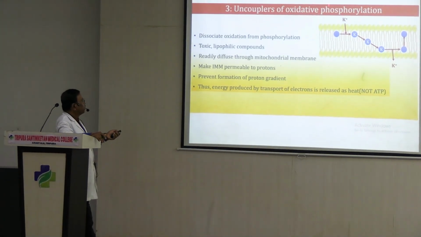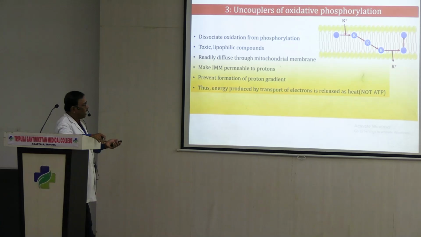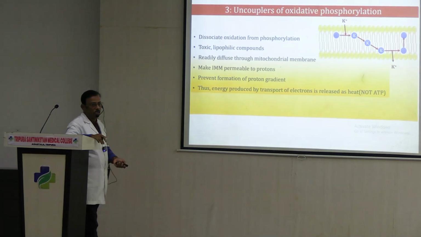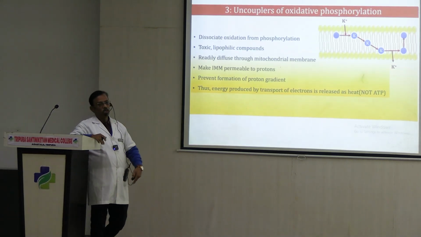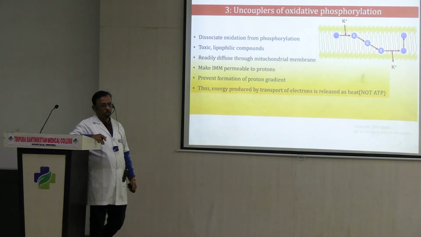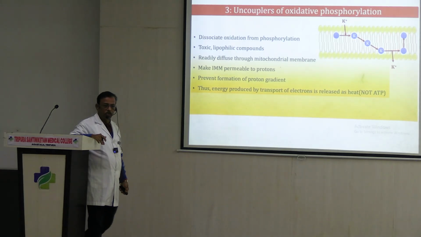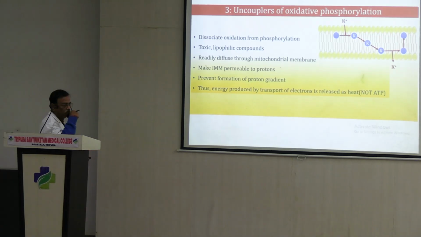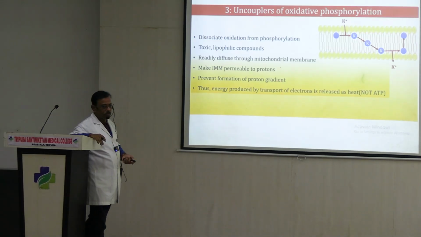But uncouplers act like a hole in the membrane, so that through that hole the protons pass from the intermembrane space to the mitochondrial matrix. So ATP generation is not there. Thus, the proton gradient is not maintained in the intermembrane space.